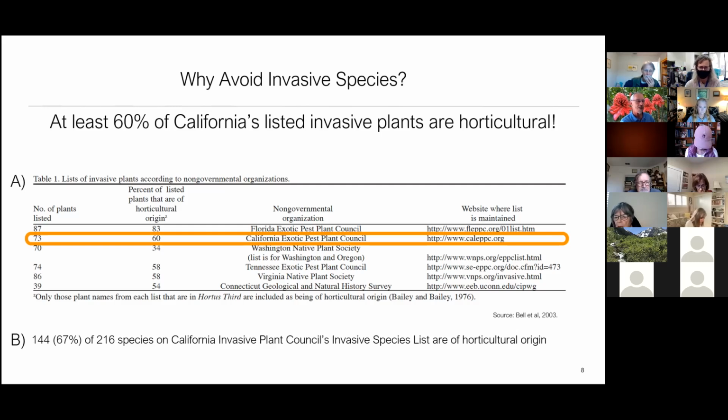Europeans, immigrants from everywhere in the world have brought their favorite plants in, and we like them when we see something elsewhere, and we like them in the nursery, and we just plant them. And we didn't realize until later that they were problematic. So we need to be teaching other people about this and try to nip it in the bud, avoid it in the first place when we can.